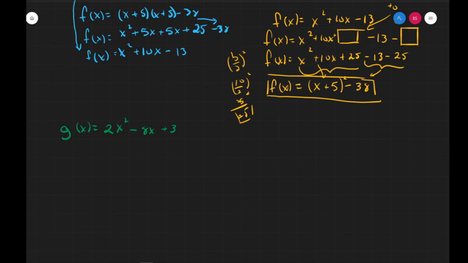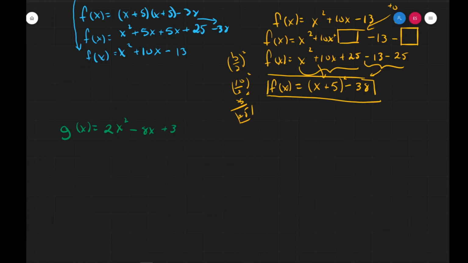Again, when we are completing the square, we want to make sure these two terms are on the same side by themselves, so we're just going to factor out the 2 from these two terms.